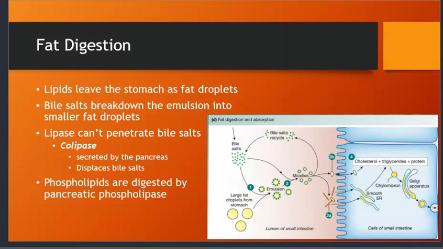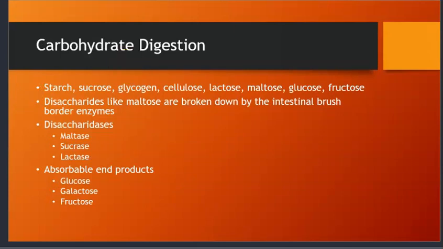We're going to now talk about carbohydrate digestion. Carbohydrates consist of starch, sucrose, glycogen, cellulose, lactose, maltose, glucose, and fructose. Disaccharides like maltose are broken down by the intestinal brush border enzymes.